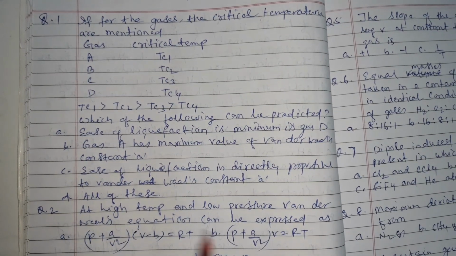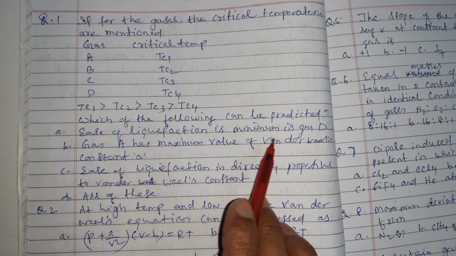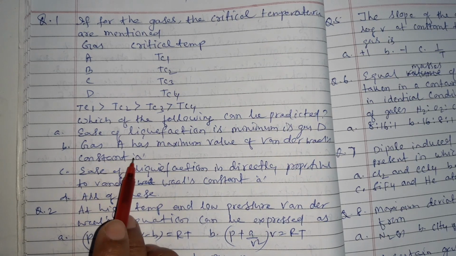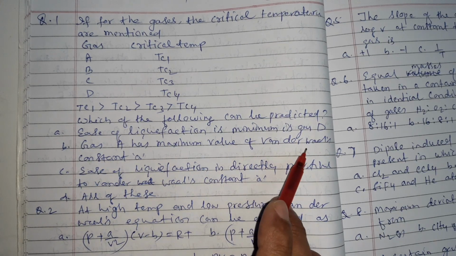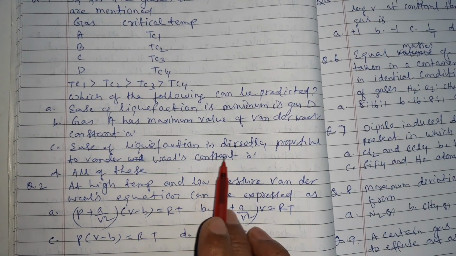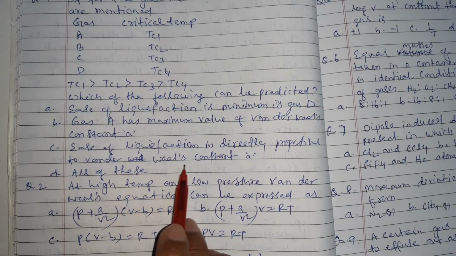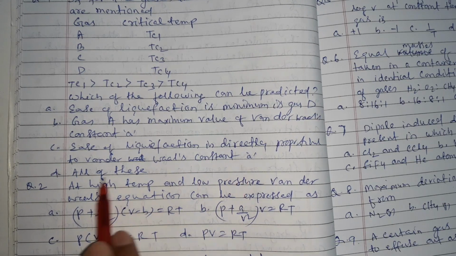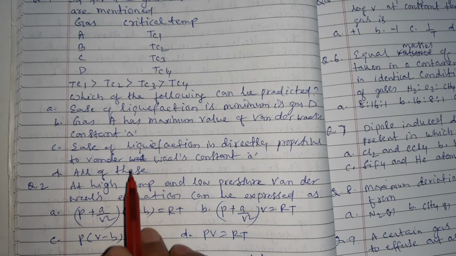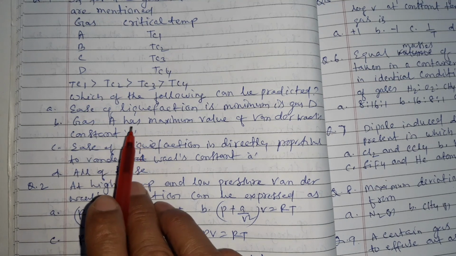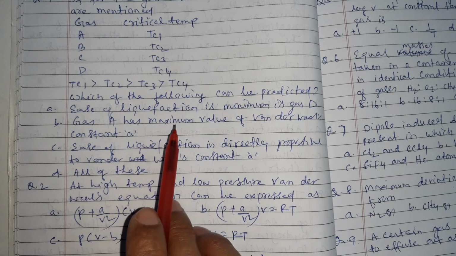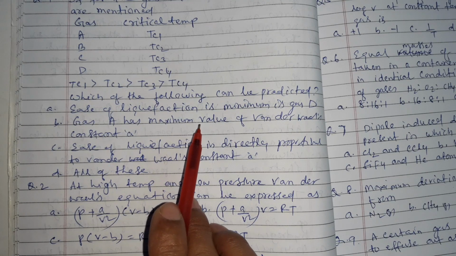Choice A: the ease of liquefaction is minimum in gas D. Gas A has the maximum value of van der Waals constant a. Ease of liquefaction is directly proportional to van der Waals constant a, and all of these. Out of these choices, the gas having more critical temperature is liquefied easily.